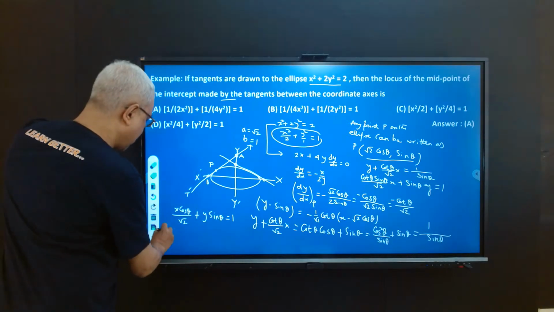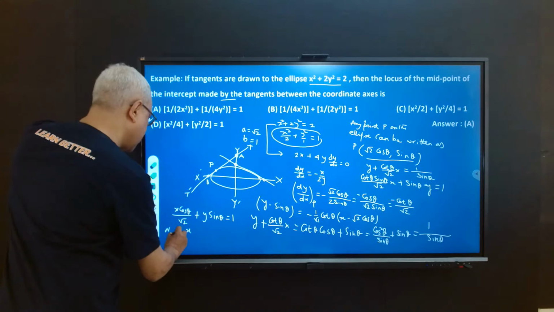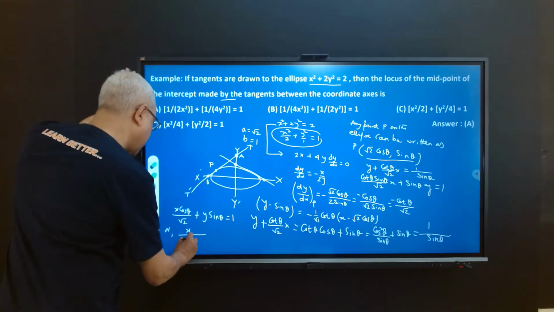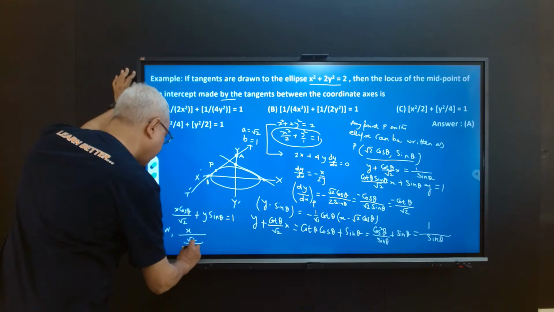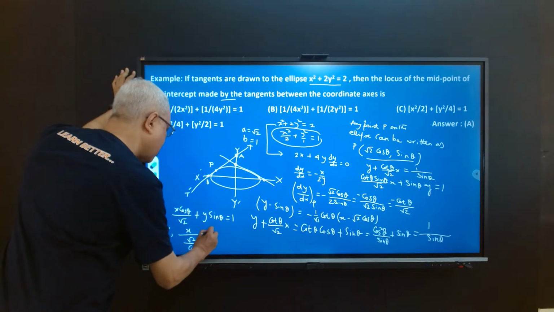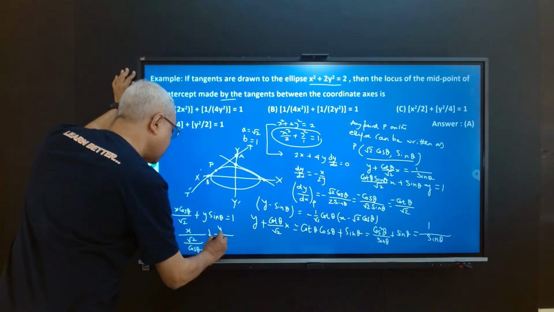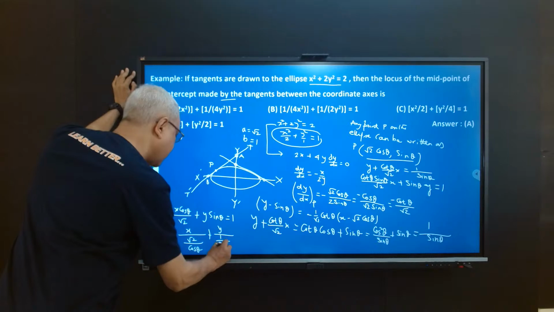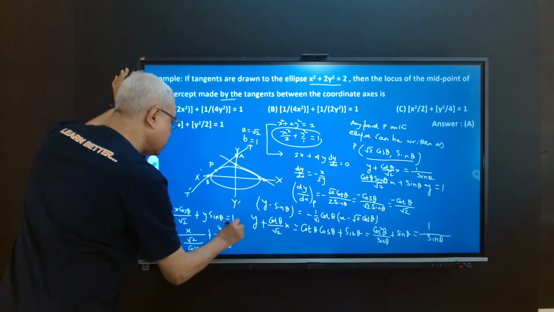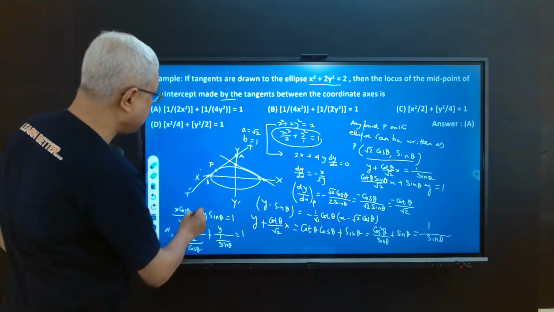Then I can also write this as x by root 2 divided by cos theta plus y divided by 1 by sin theta is equal to 1.